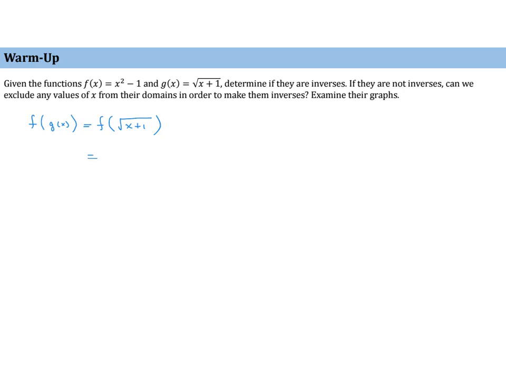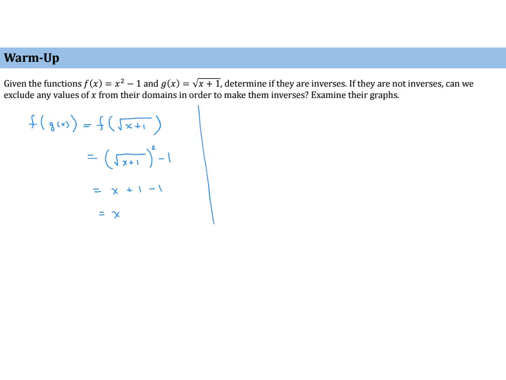Well, f says that I take the input and I square it and then subtract 1. So we'll take the input of the square root of x plus 1, we will square it, and then we will subtract 1. And this yields for us x plus 1 minus 1, which is x.